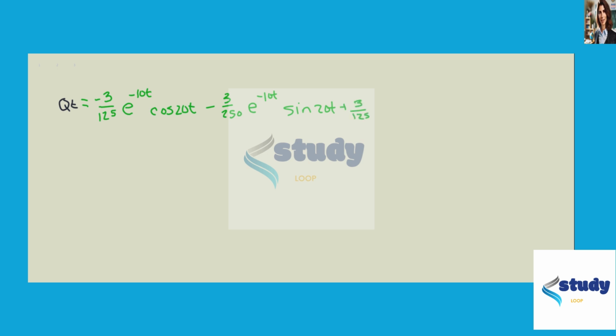If I factor out a negative 1 over 250 e to the negative 10t, I'm left with 6 cosine 20t minus 3 sine 20t plus 3 over 125, which is my answer.